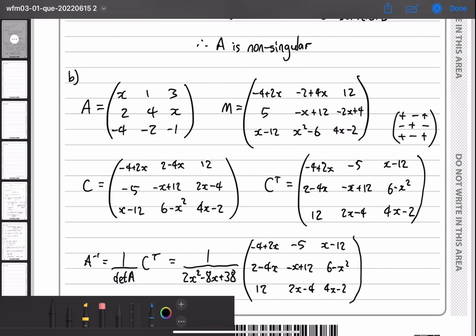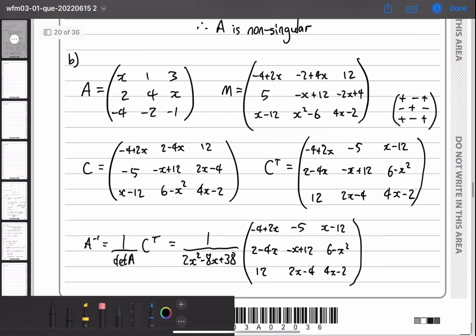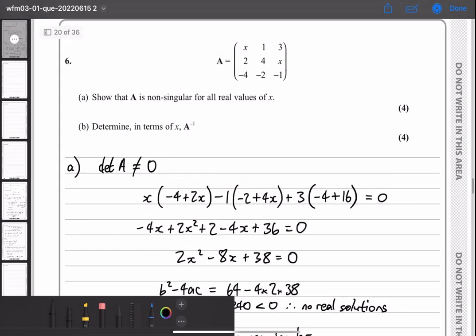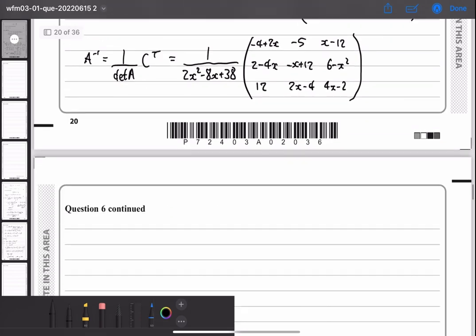And there we have, in terms of x, the inverse matrix of A. That is the end of question 6.